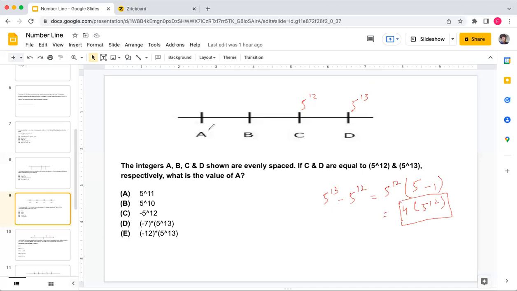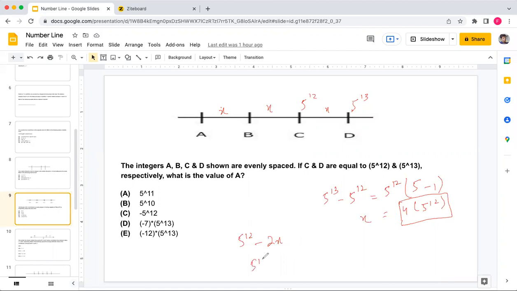And now for finding A, let's suppose this is X, and this is X. So this distance will be 5 power 12 minus 2X, and this is X, right?